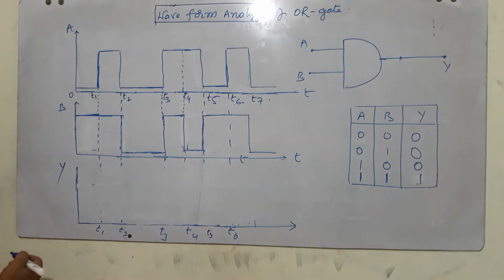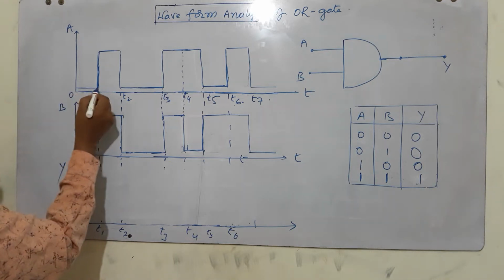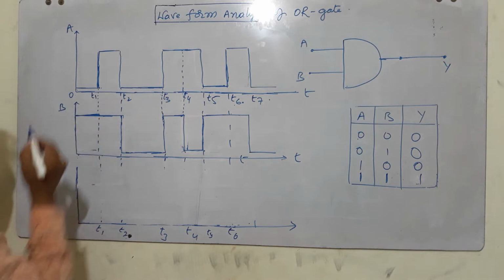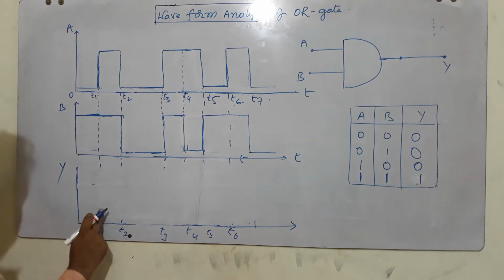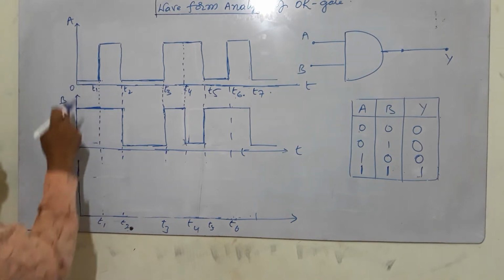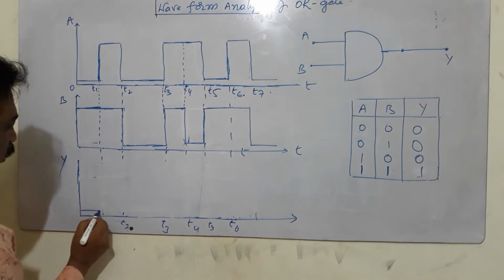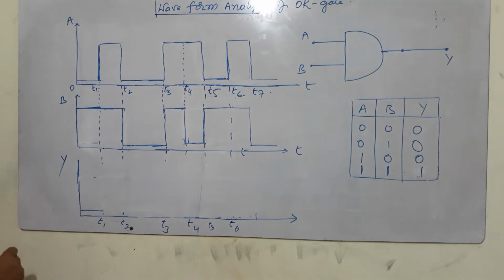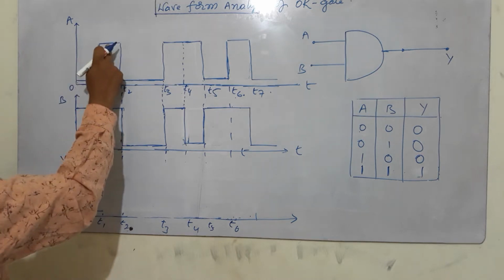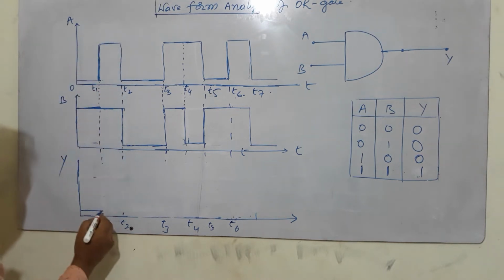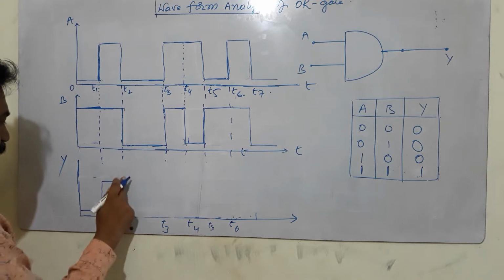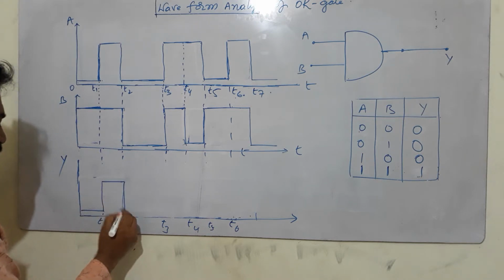See, from 0 to T1, A is low, B is high. That means, if any one of these two is low, the output will be low. From T1 to T2, A is high, B is high. Then the output is high because both the inputs are high.